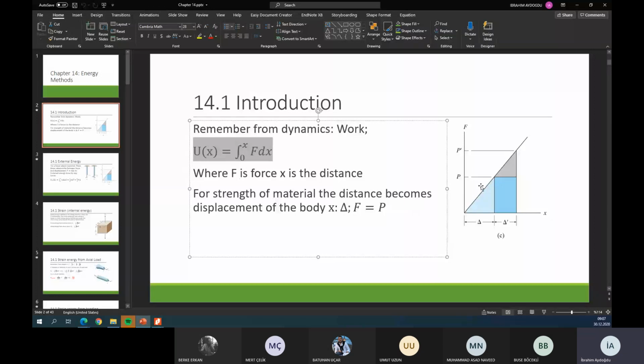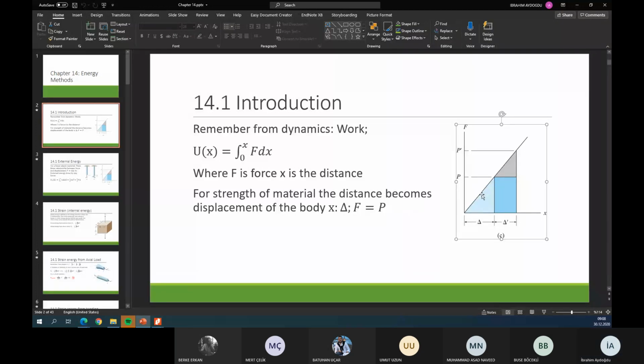So how can we compute this? First of all, we need to find the force displacement relationship. Maybe you can remember it from the mechanics of materials course. We assume our material's force displacement relationship is linear, because we define that this curve is linear, so the modulus of elasticity defines the force displacement relationship.